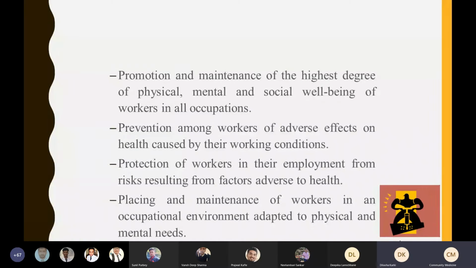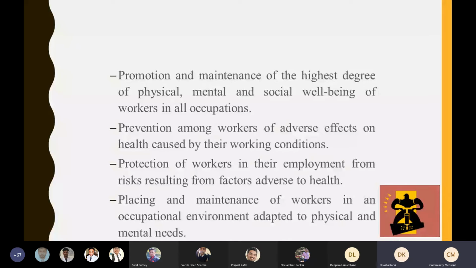Okay, so when we talk about health, when we talk about preventive health, you all know the definition, right? You all know what preventive health is. So how do we define preventive health? The definition is the same for occupational health.